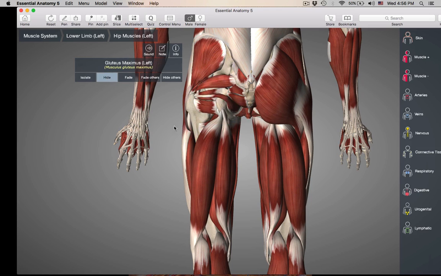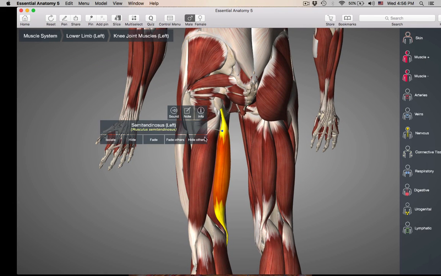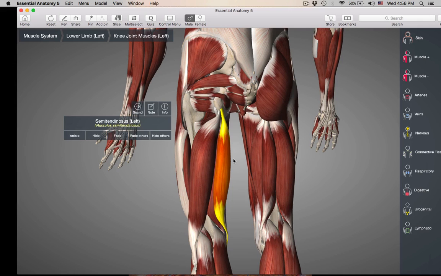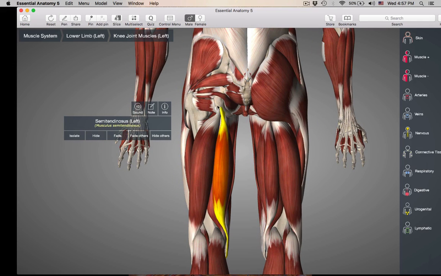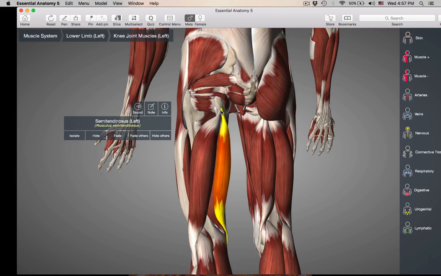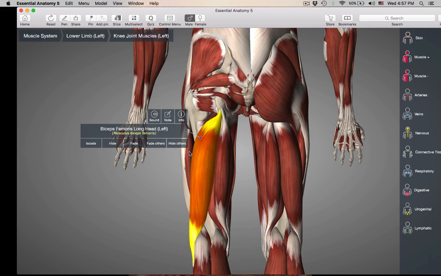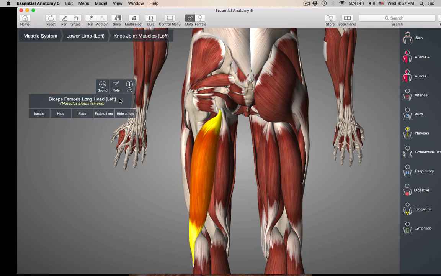So what we're going to see is all three of these muscles are going to have their origin up on the, remember the big fat part of the pelvis, the ischial tuberosity. They're all going to originate right up in here. But let's start with the biceps femoris. And let's isolate that guy out.